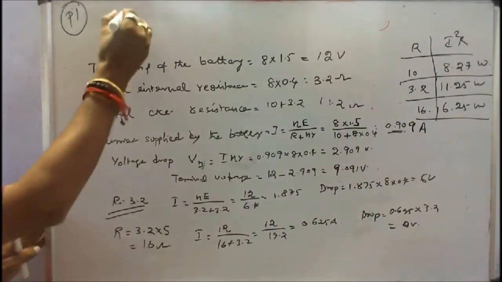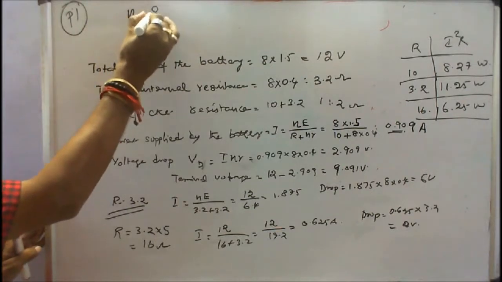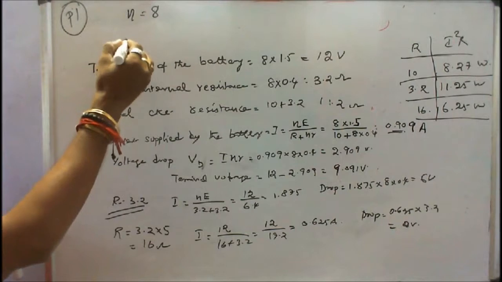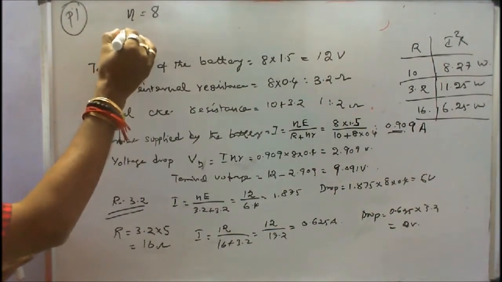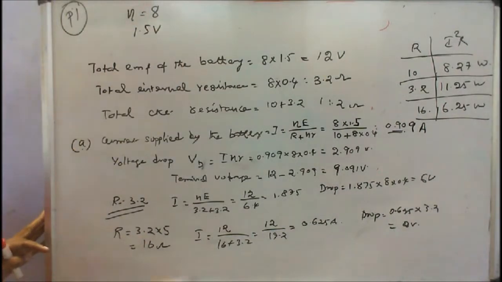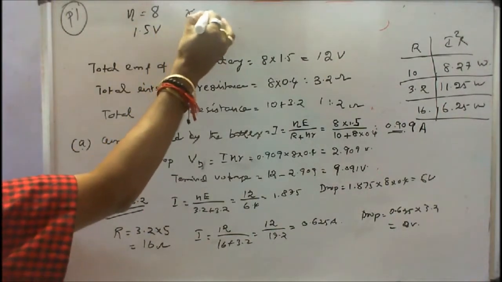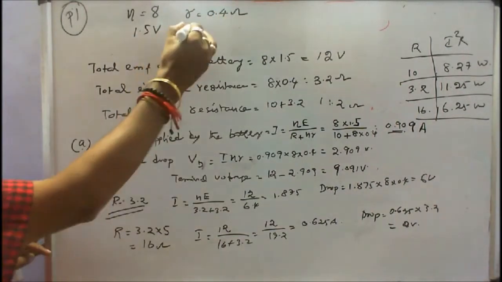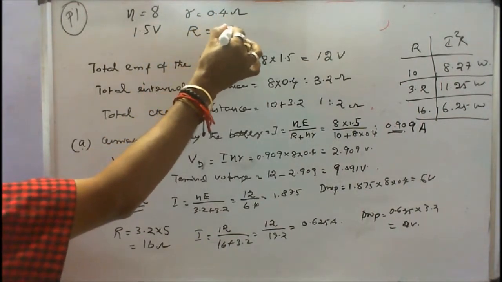In this problem, the number of cells is given, that is n is equal to 8, and the individual cell EMF is given, that is 1.5 volts, and internal resistance is given, 0.4 ohms, and load resistance R is given, R is equal to 10 ohms.